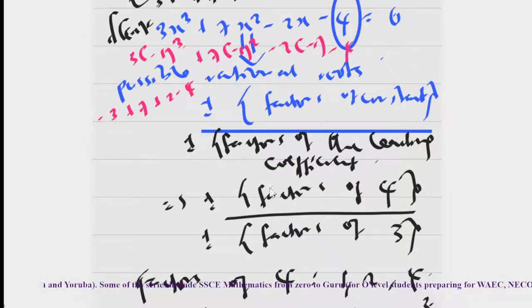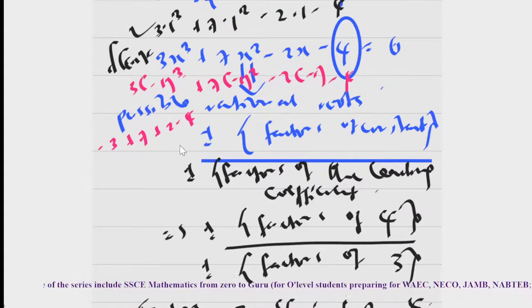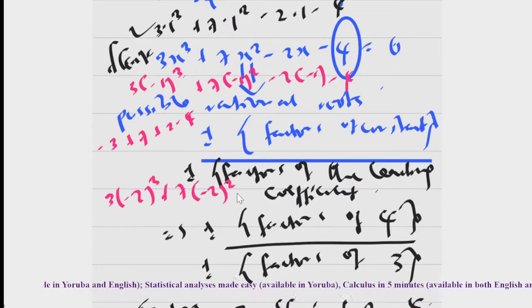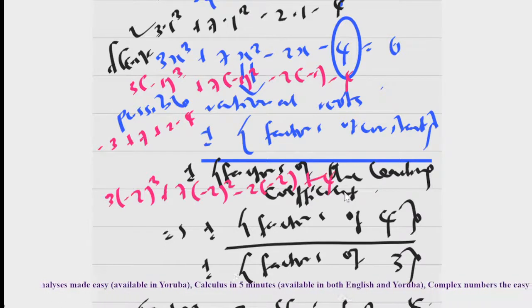But when you try it for negative 2 now, I'm going to have 3 into minus 2 raised to 3, right? So then plus 7 into negative 2 raised to 2, minus 2 into minus 2, plus 4, minus 4, sorry. You can see that this will give you minus times minus, this is plus 4, minus 4.